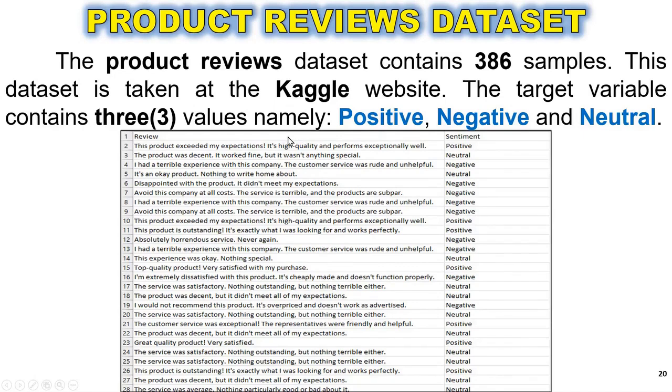The dataset contains two columns. The first column has a label review, where it contains 386 different reviews of a certain product by customers, alongside the second column with a label sentiment that indicates the emotion and the mood of the customer regarding the product that they bought.